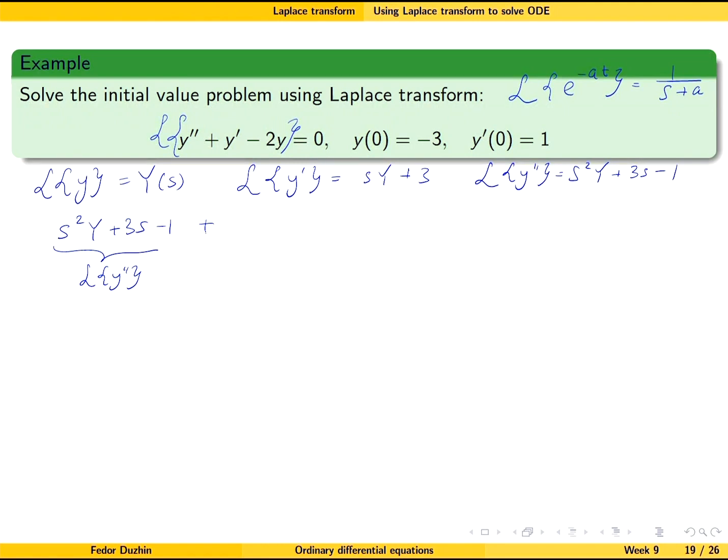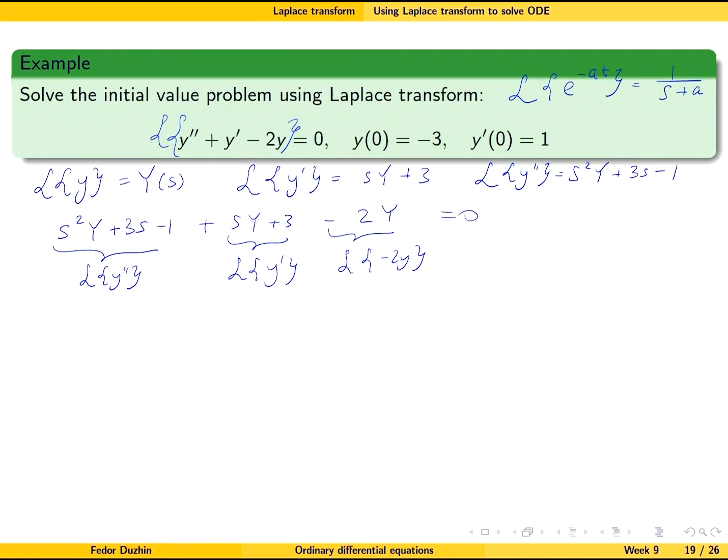Then plus y prime, the Laplace transform of y prime is sY plus 3. And minus 2y, so this is the Laplace transform of minus 2y. This should be equal to 0.